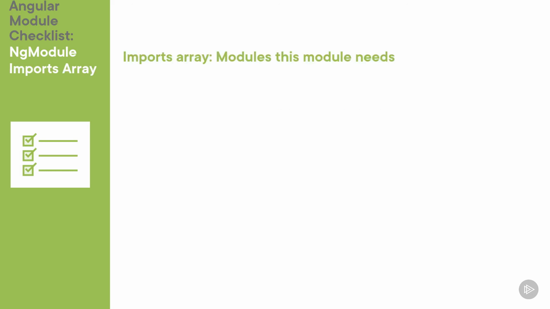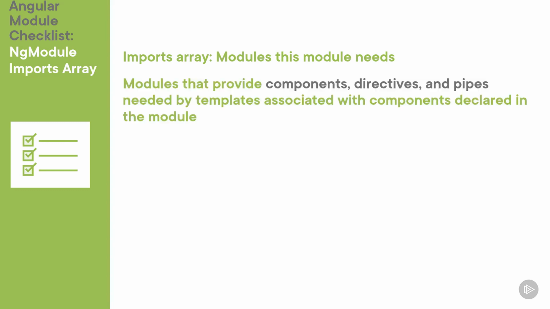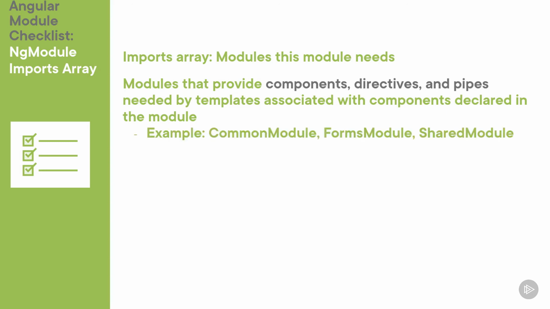The imports array of the NgModule decorator imports the modules that this module needs. This includes modules that provide components, directives, and pipes needed by templates associated with components declared in the module. For example, CommonModule and FormsModule, or our custom shared module.